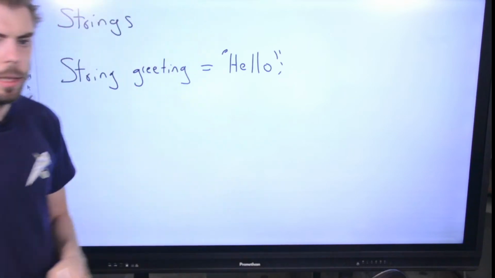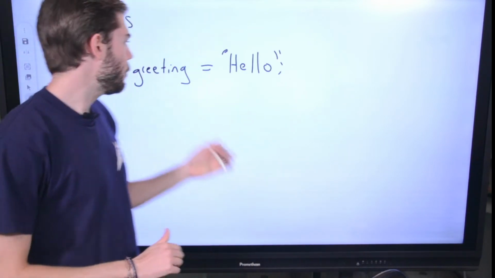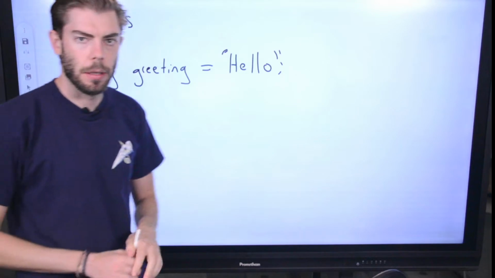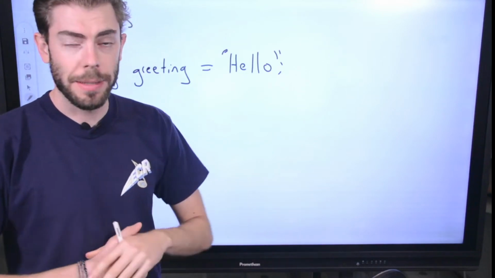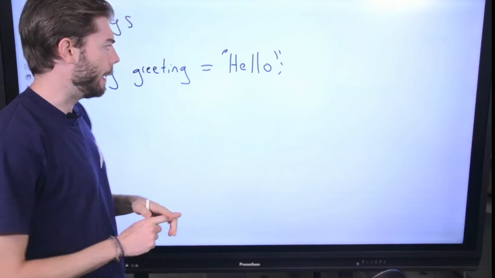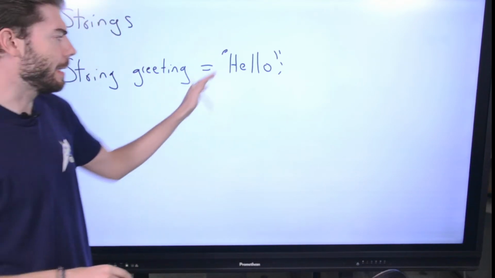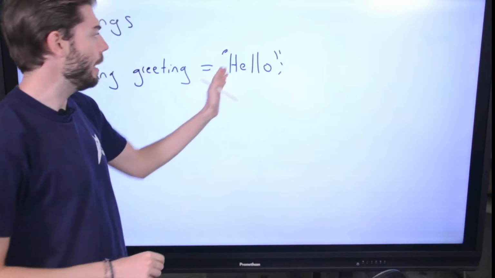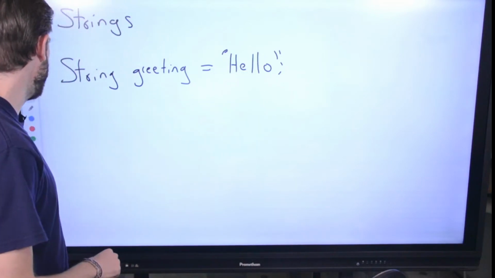We've talked about this in the past, that a string is a more complex data type than our three primitive types that we need to know for the AP exam: the int, the double, and the boolean. It's more complex because it's holding more than one piece of data. Each one of these characters is its own piece of data.